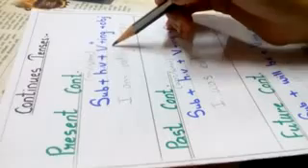For simple future, subject plus will plus V1 plus object. For present continuous, subject plus am, is, are plus V4, that is verb with ing, plus object. For past continuous, subject plus helping verb, that is was, were, plus verb with ing plus object. For future continuous, subject plus will be plus verb with ing plus object.